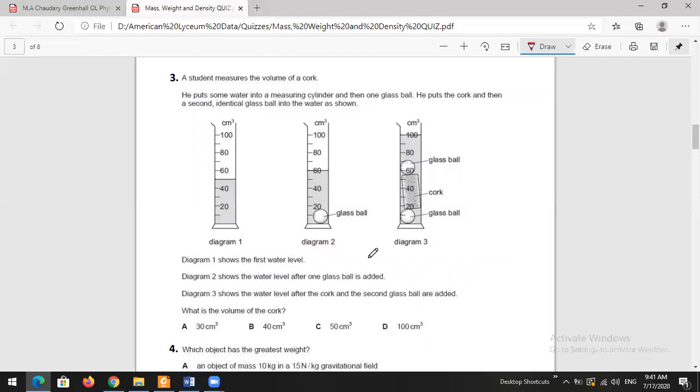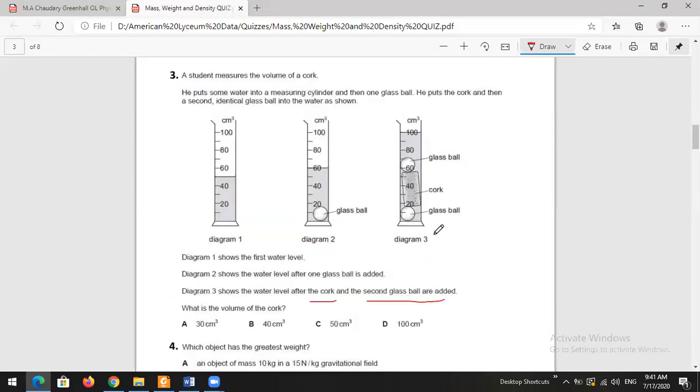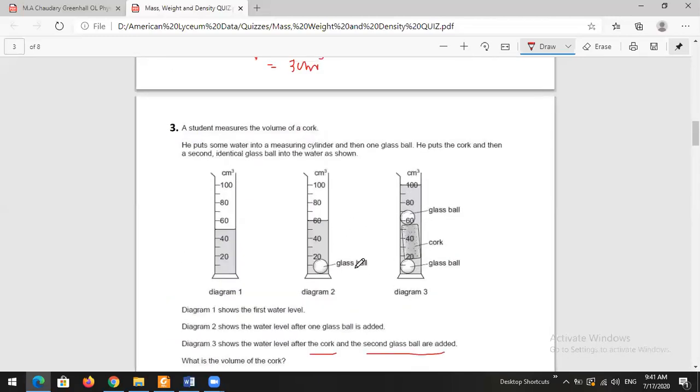Clear? So diagram 1 shows the first water level. This is the water level, diagram number 1. Diagram 2 shows the water level after one glass ball is added. Diagram 3 shows when the second glass ball is added and a cork as well. So what is the volume of the cork? It is very easy. First of all, we should know the volume of a single glass ball.